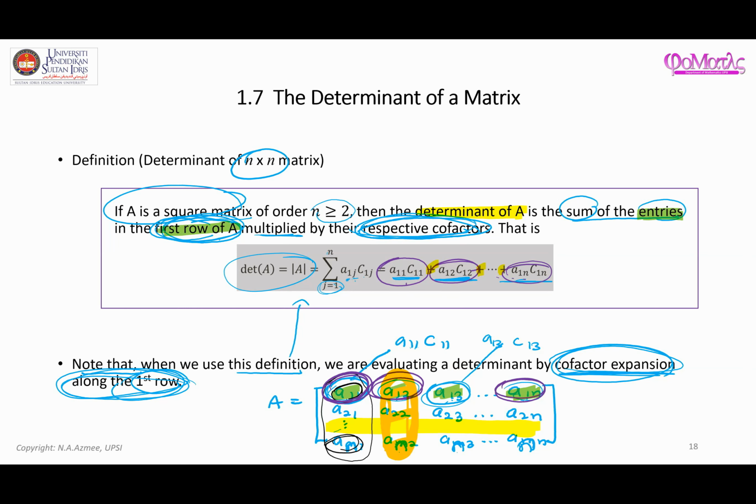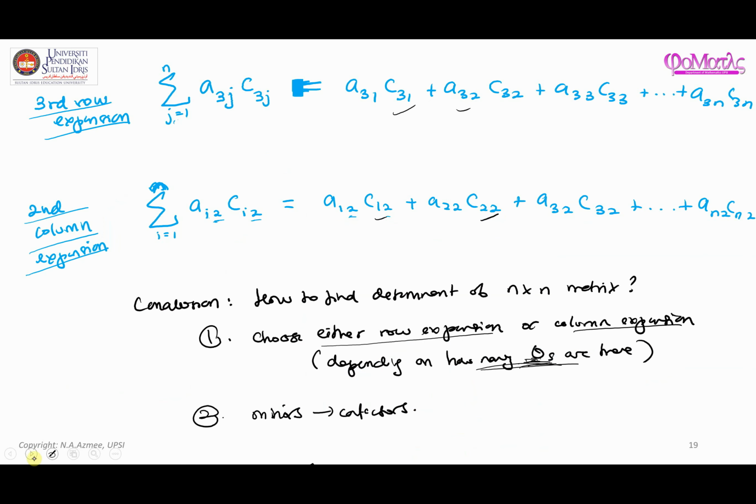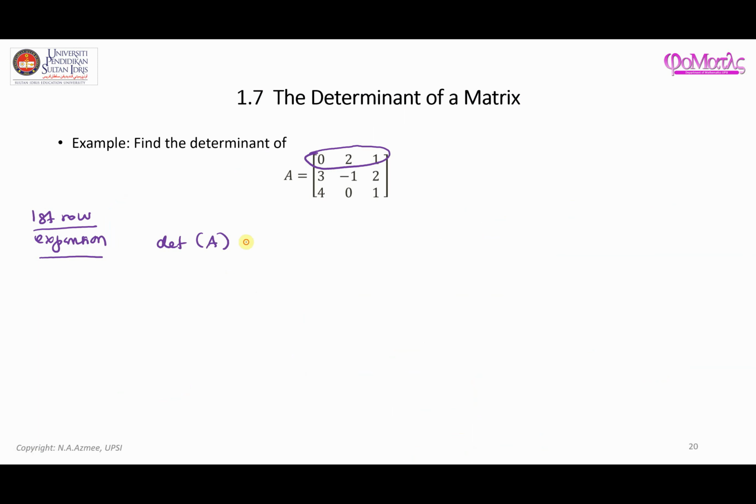So that is first row expansion. Therefore, this is equal to A11 C11, this position, plus A12 C12, the second position, plus A13 C13. So that is the formula.